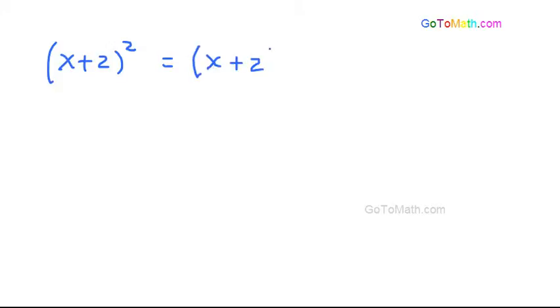X plus 2. So what is this? Well, there's two of them, right? So we have x plus 2 times x plus 2. See that? And then we just multiply them together.